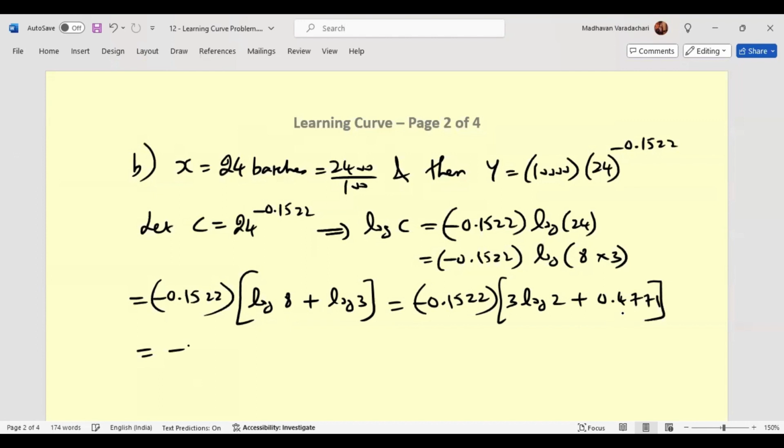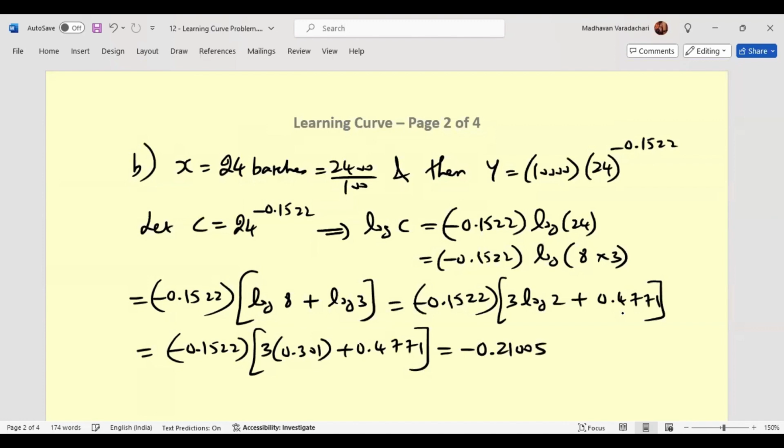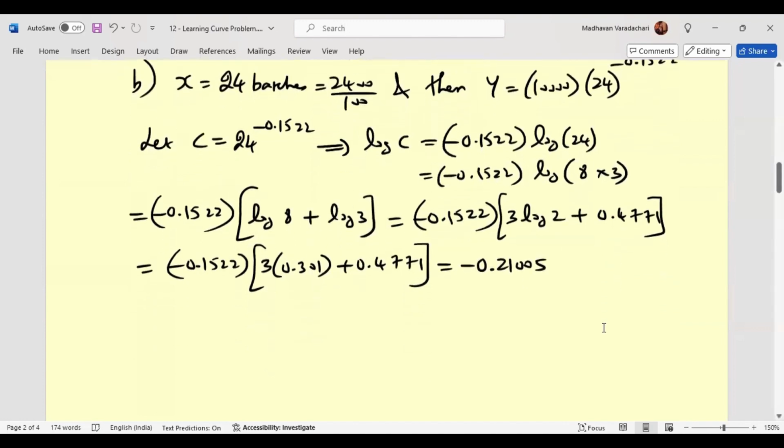So this will be negative 0.1522 times 3 into log 2, which is 0.301, plus 0.4771. If we calculate this entire thing, we will get negative 0.21005.